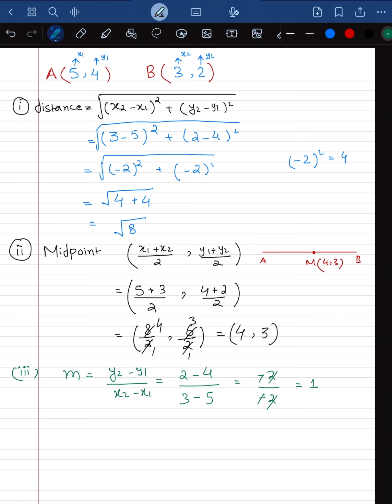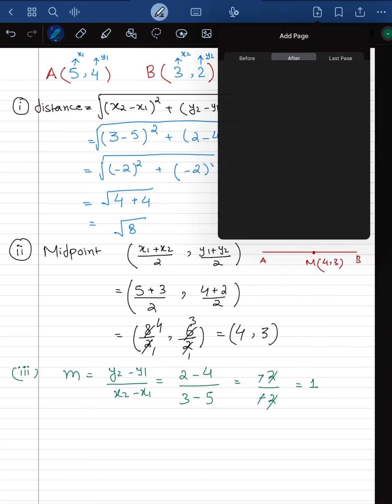Now we will find the equation of the line formed by A and B. Whenever you have to find the equation of a line, you will be following these 3 steps. First, find the slope, or the value of m.